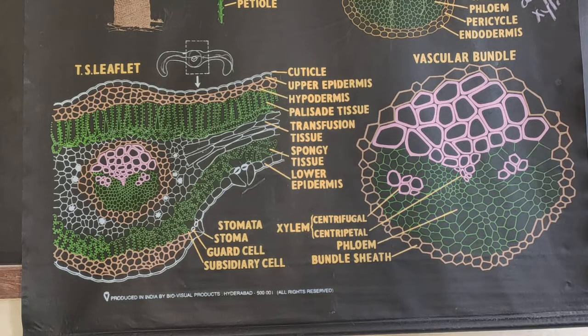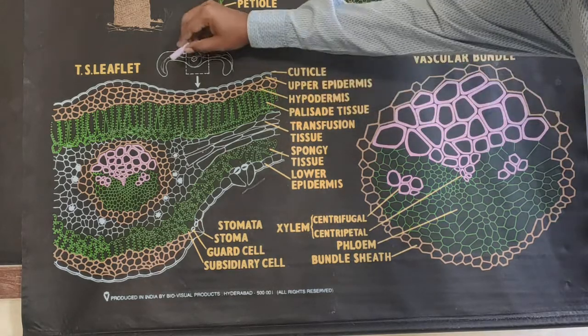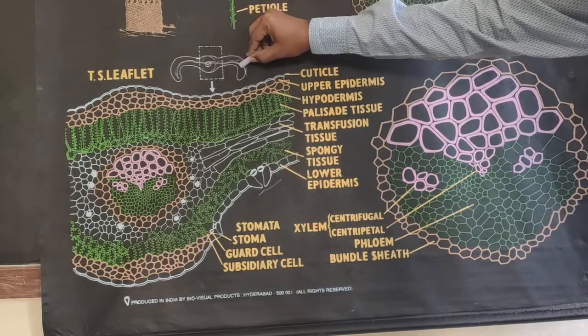So now let us study the anatomy of the leaflet. If you take a cross section of the leaflet, it looks exactly like this.